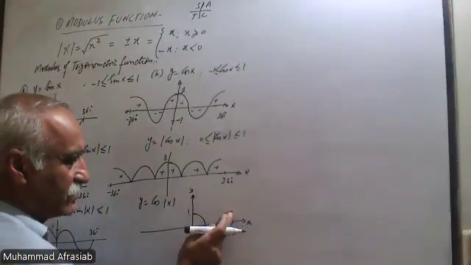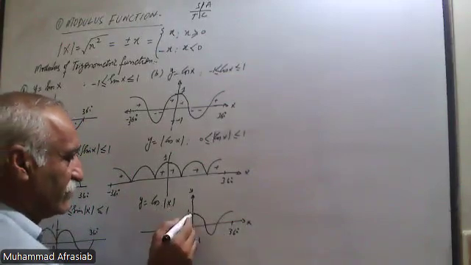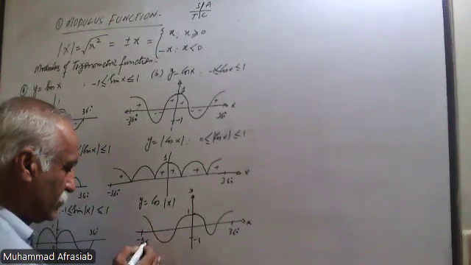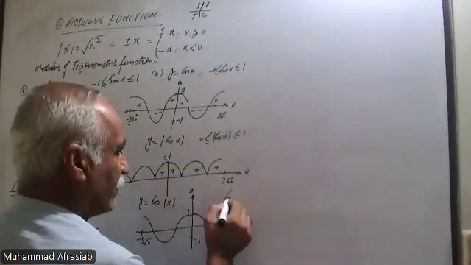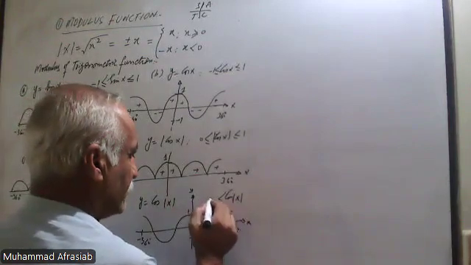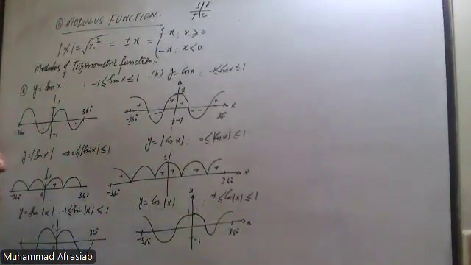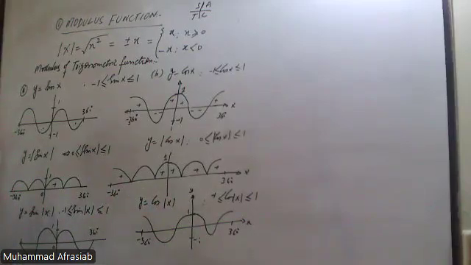As it is on the right side of this graph, the same behavior of cos of modulus x will be on the left side. The range is between minus 1 and 1. The left and right are the same because it is the modulus of only x, not of cos of x.